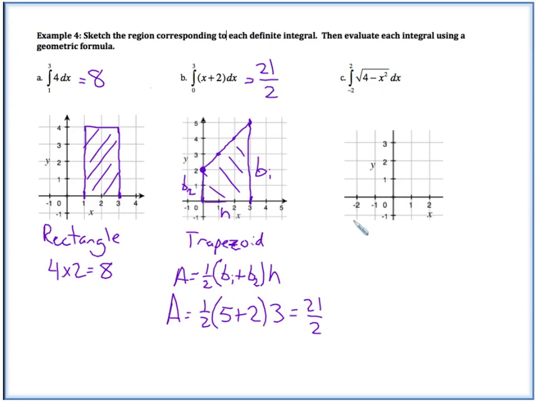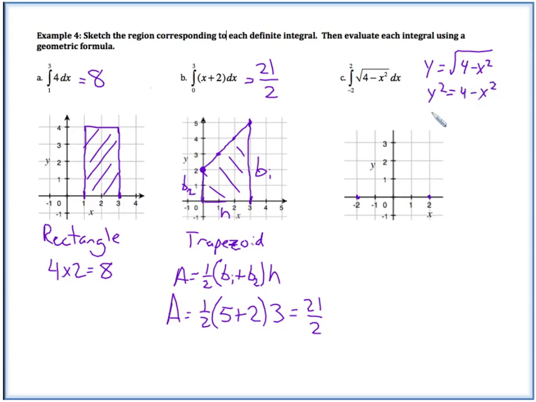Alright, let's try our next one. So here we're going from -2 up to 2 of the square root of 4 minus x squared. Okay, well, we know here that if y equals the square root of 4 minus x squared, if we square this, we would have y squared equals 4 minus x squared.